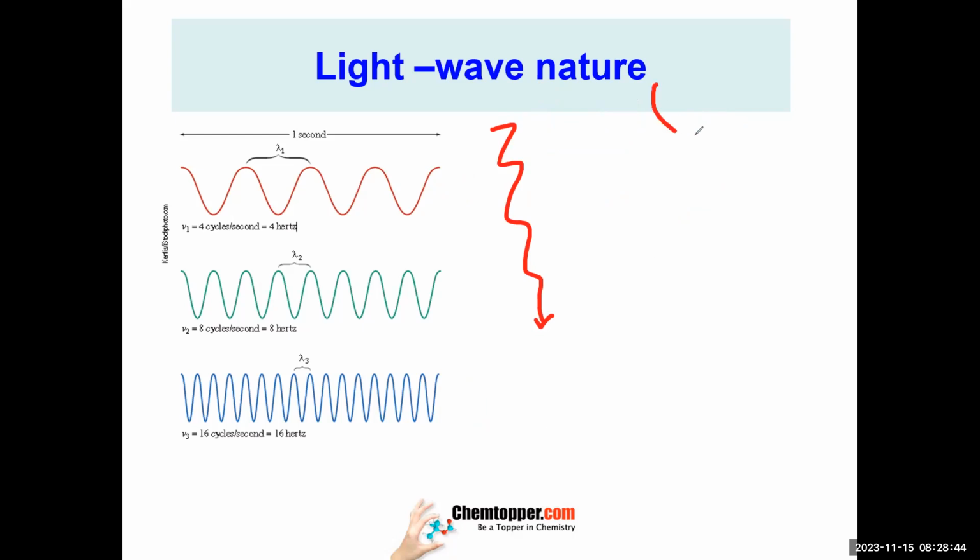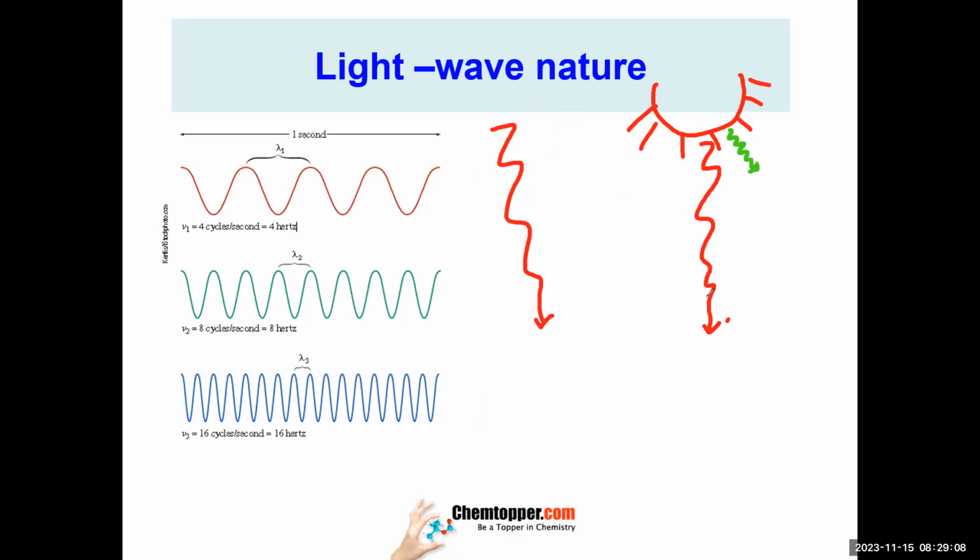Like this is the sun, and this is the light coming from the sun. Some part of the light has very high frequency. Very high frequency means very short wavelength. So they cannot travel much in the space. Speed is same.